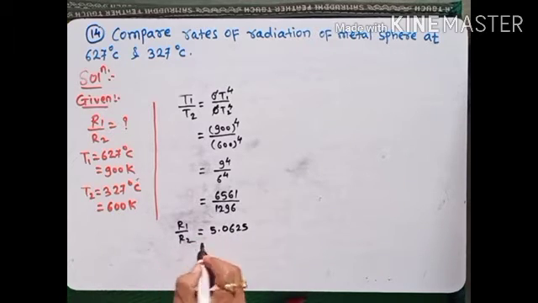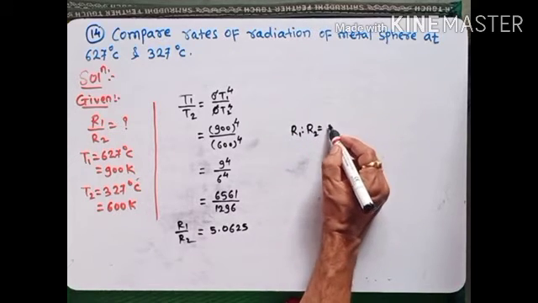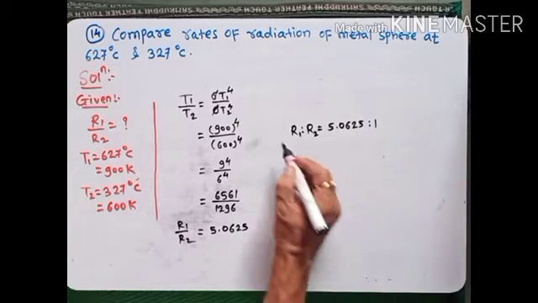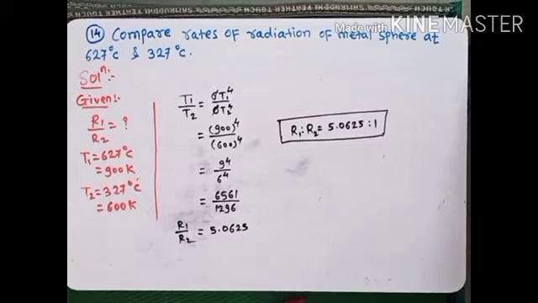R1 upon R2, this is our answer, or we can write R1 is to R2 is equal to 5.0625 is to 1. This is our answer. Okay, this is question number 14.